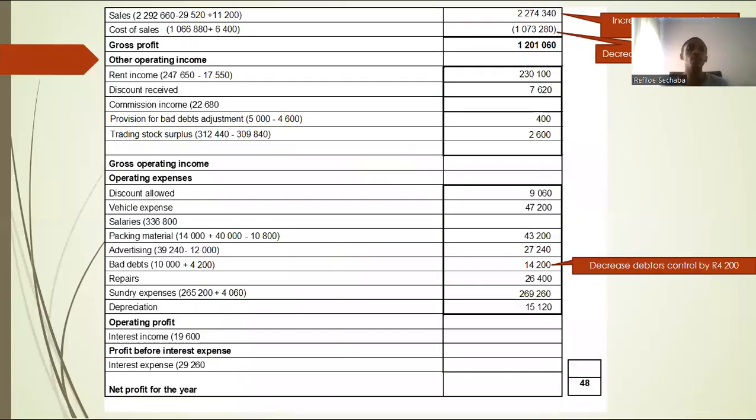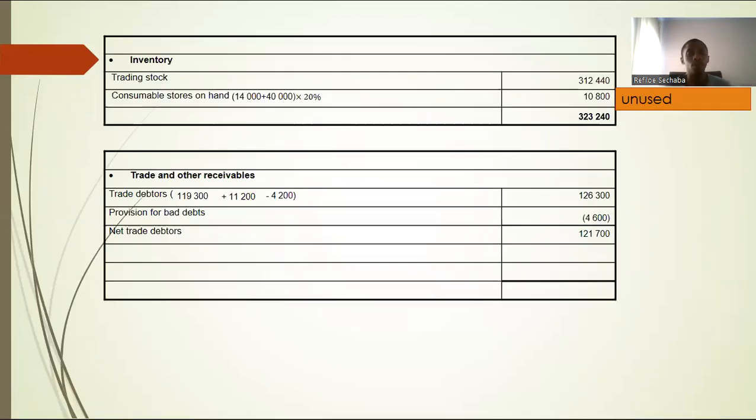Now, out of profit and loss, we're going to go to commission income, which is 22,660. We're going to enter it, and it's going to give us a total commission income of 30,000. The same amount will have to be recorded in trade and other receivables as accrued income. And hence we're going to have accrued income of 7,320.